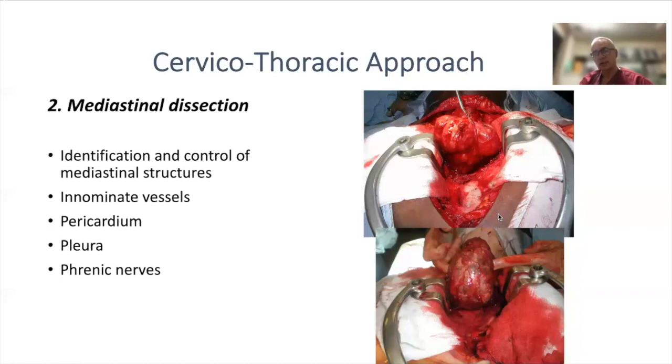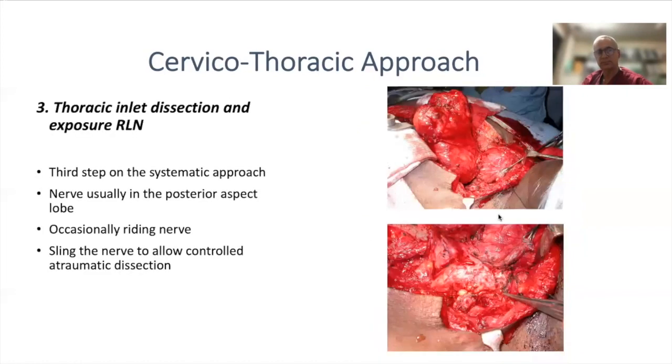The thoracic surgeons are extremely concerned about the phrenic nerves for obvious reasons. And when we have done that, the goiter is mobile at the level of the thorax and at the level of the neck. Then we move to dissect the nerve and do the thoracic inlet dissection.